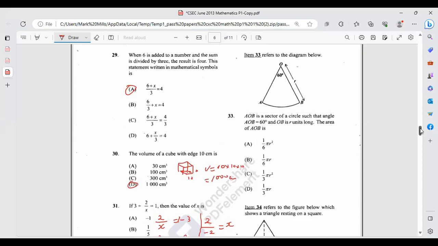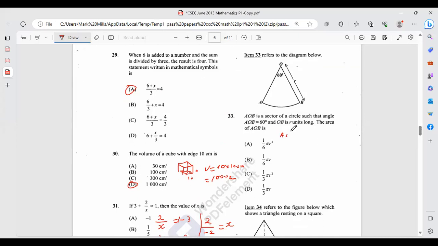33. The area of AOB is a sector. Anybody remember the formula to find the area of a sector? For that, you put the angle of the sector over 360.